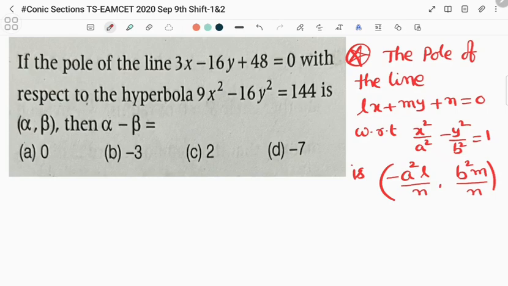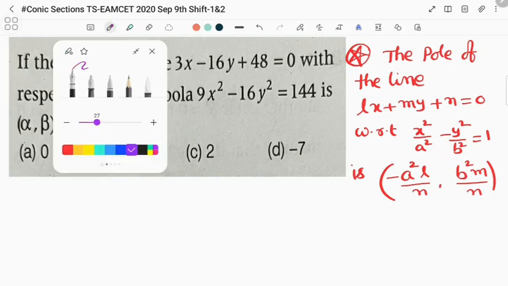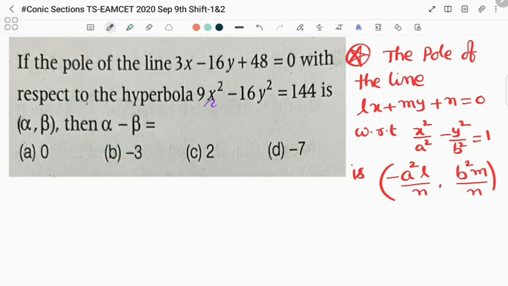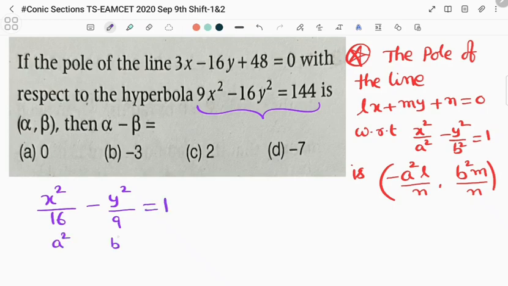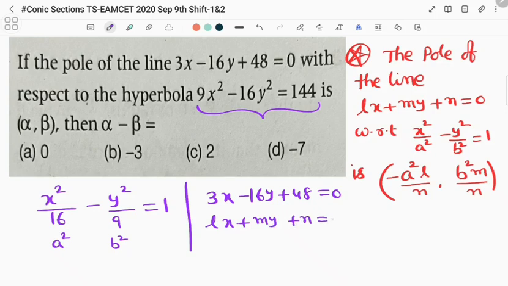So here I am calculating the values. From the hyperbola I am converting this equation into the standard form. So x square by 144 by 9, that means 16, minus y square by 144 by 16, that is 9. So this is a square value, this is b square value, and the given line is 3x minus 16y plus 48 equal to 0. So compare with Lx plus my plus n is equal to 0.